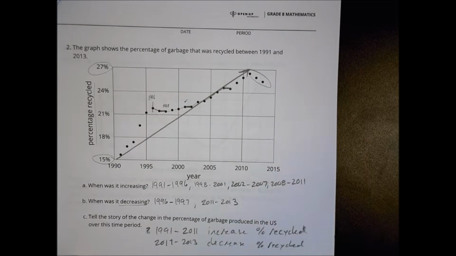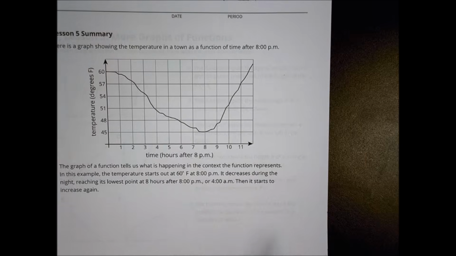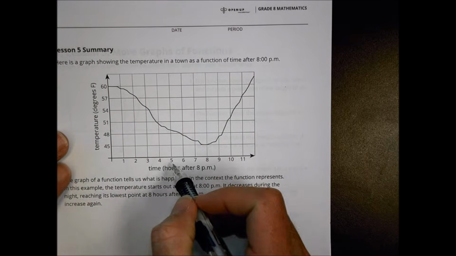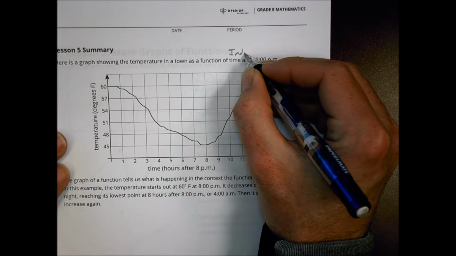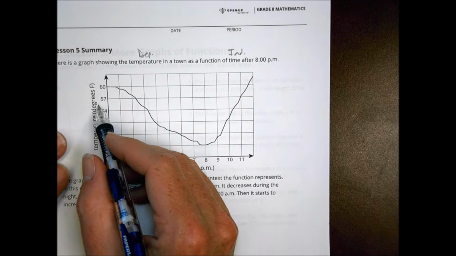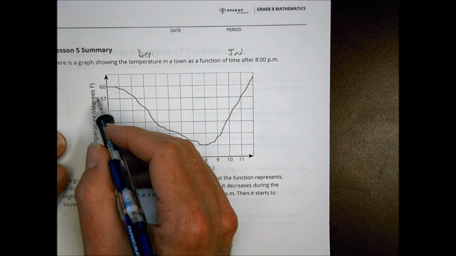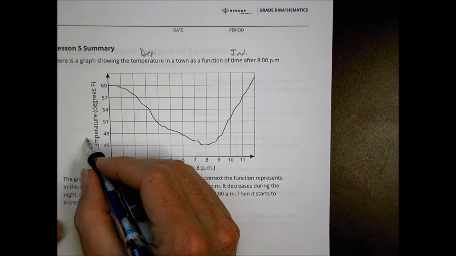All right, so let's take a look at your summary before we jump into tonight's homework. It says here's a graph showing temperature in a town as a function of time. So the temperature is a function of time. Remember, our time is our independent, and our temperature in this case is our dependent, meaning the temperature that's recorded depends on the time at which that happened. This is our x, this becomes our y.